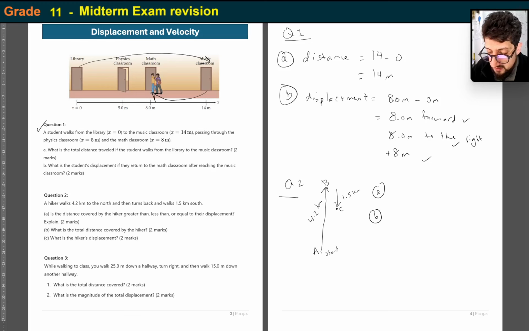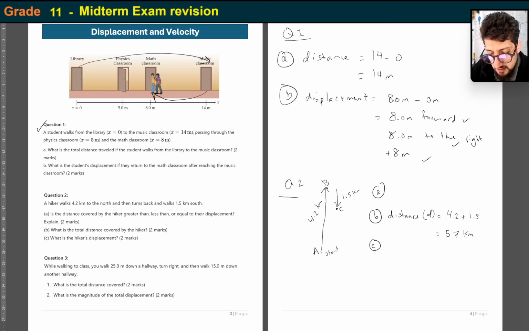So what is the distance? The distance, or D, is going to equal 4.2 kilometers plus 1.5 kilometers, so 5.7 kilometers.